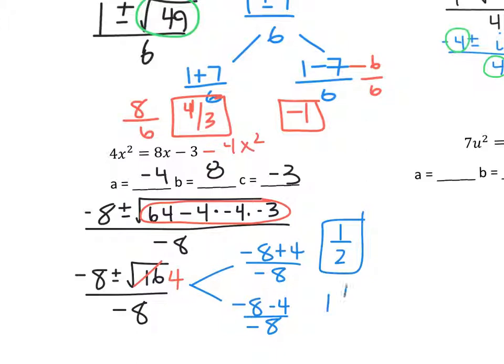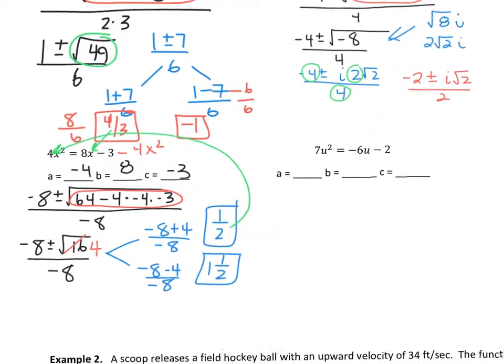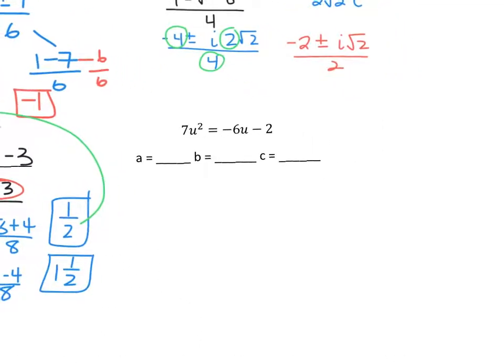So again, you can check. I encourage you to plug in a half into the left and right hand side and see if they're equal, and then plug in 1.5. Check your answers.